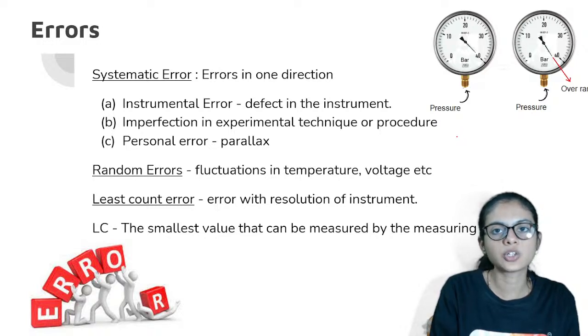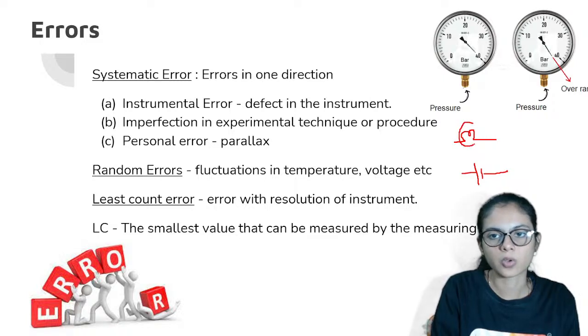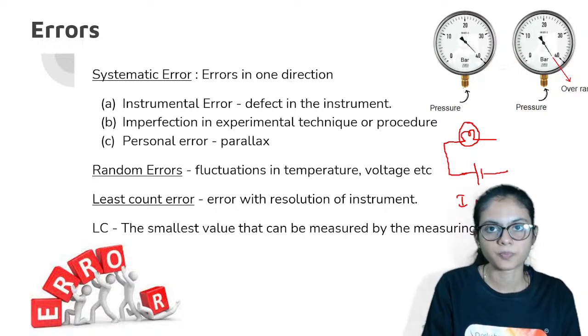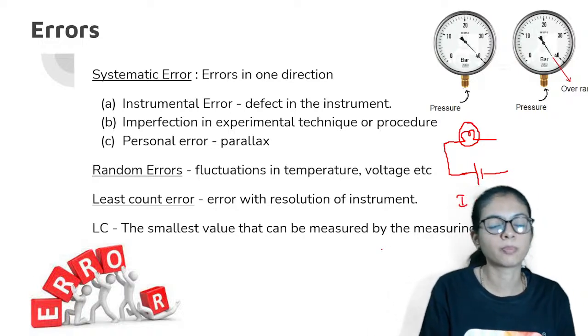To perform it, I need a battery, a bulb to see whether it glows, and an ammeter, to increase the current and find whether I is directly proportional to V or not. So I have to perform this experiment.